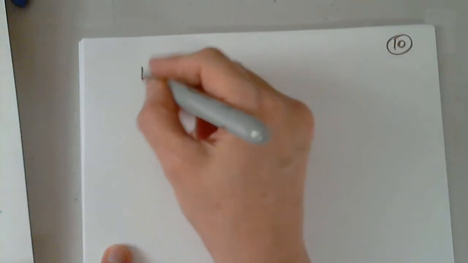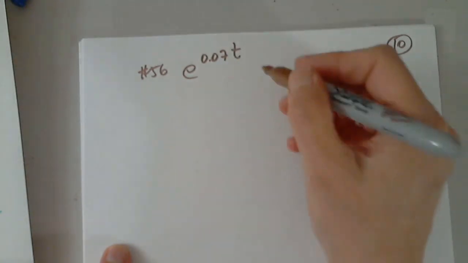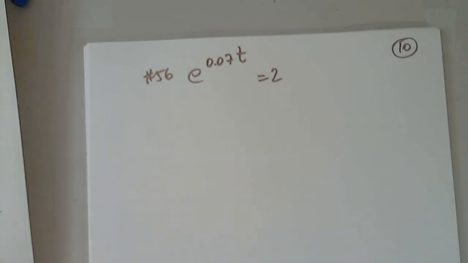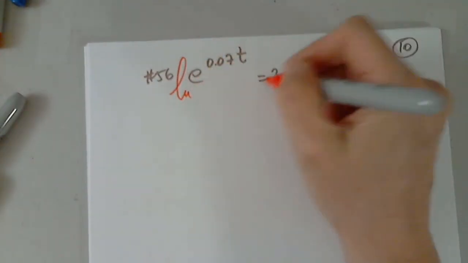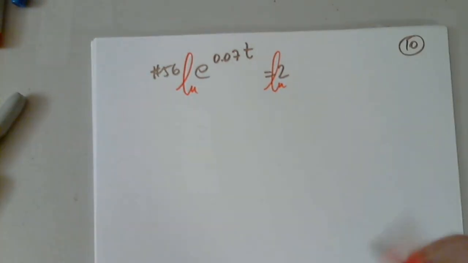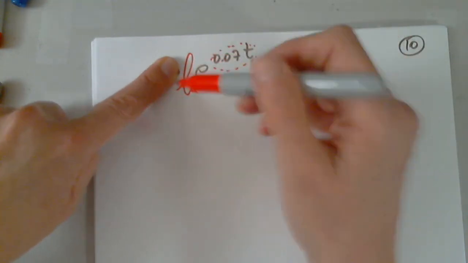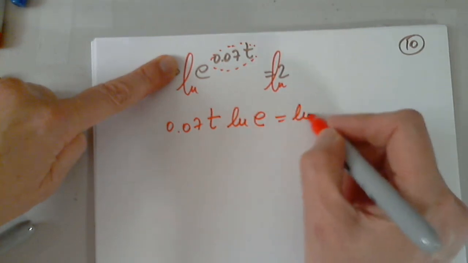56 has e to the 0.07t equals 2. And the question is asking us to solve for t. That's exactly what we just did before we even got to this section. Very good pick, thank you. So I apply natural log, and it has to be to both sides. Only natural log has the property of allowing us to bring the power in front as a factor. 0.07t, natural log e equals natural log 2.